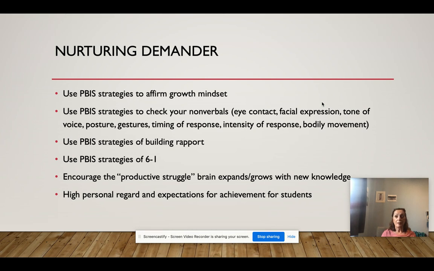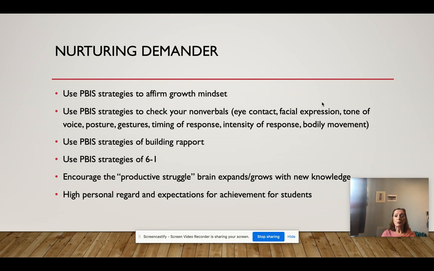You're going to believe that neuroplasticity is real and happens, that kids' brains grow and they have the capacity to take on new learning, that learning is hard, but you're going to be their ally and remind them how far they've come and where they can go. And it's hard because your brain is growing.